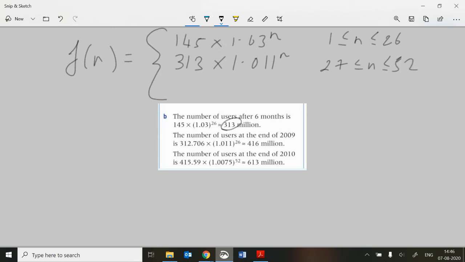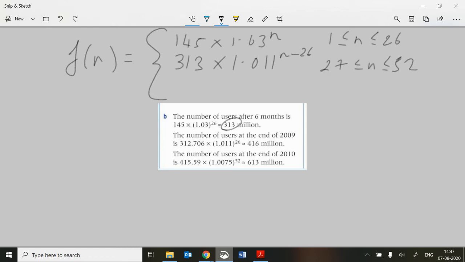Now, because I want to times the 313 by this only once to get to the 27th month, I'm going to need to take away 26 there.